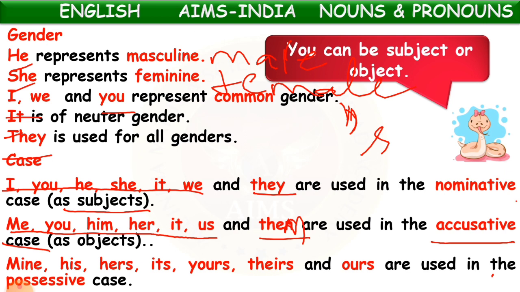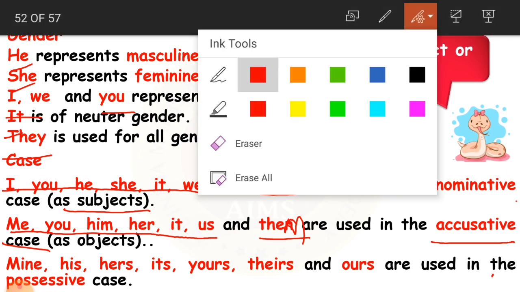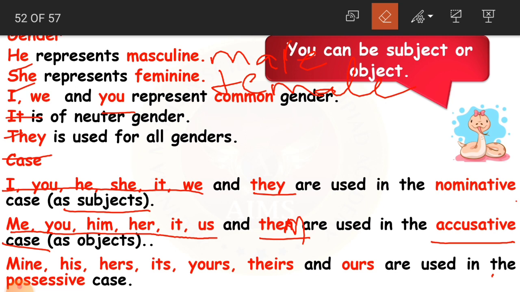But for pronouns, if you see, we do not have any apostrophe. Here, mine, his, hers, its, yours, theirs and ours, these are all the possessive case. Okay, clear children?